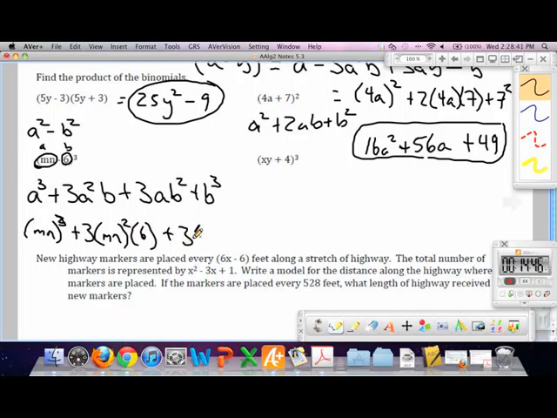So mn to the third is m to the third n to the third. 3 m squared n squared times 6 is 18 m squared n squared. 3 times 6 squared: 6 squared is 36, times 3 is, top of my head, 108. 108 mn. 6 to the third is 216, correct?